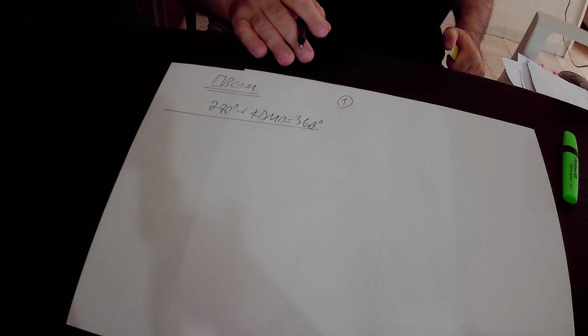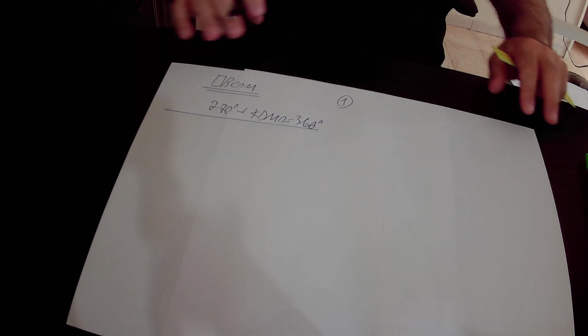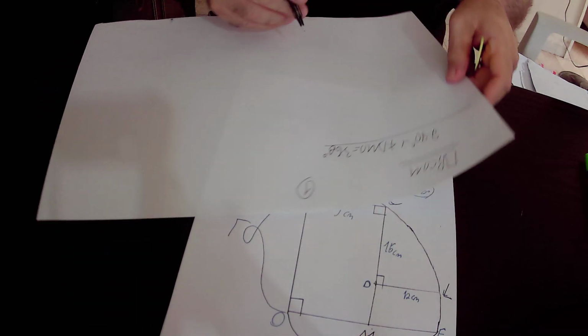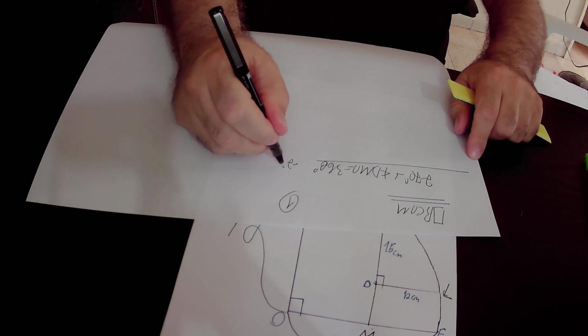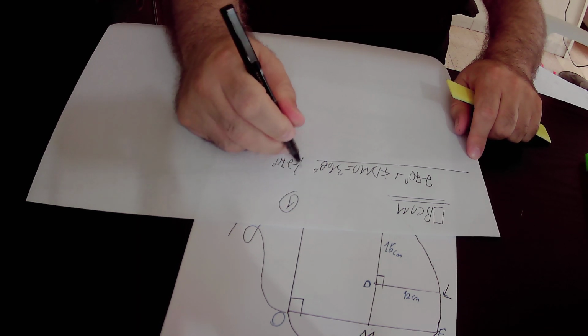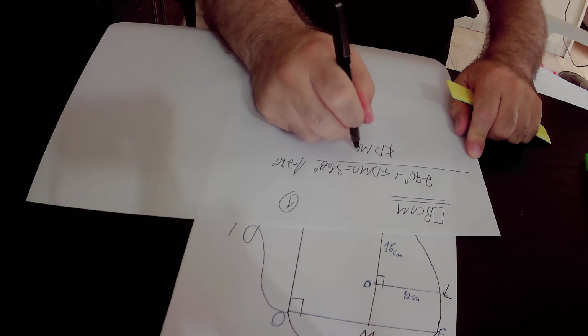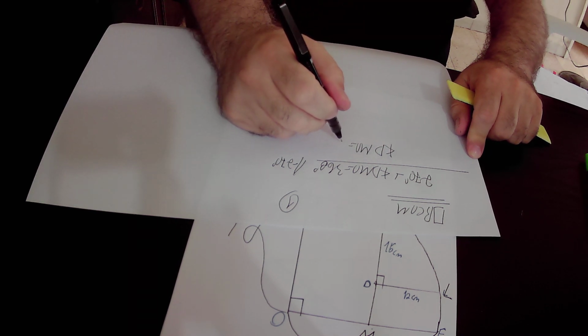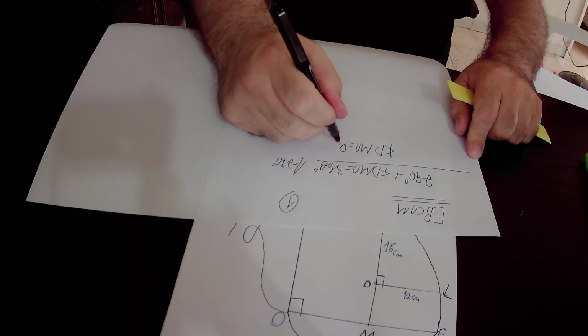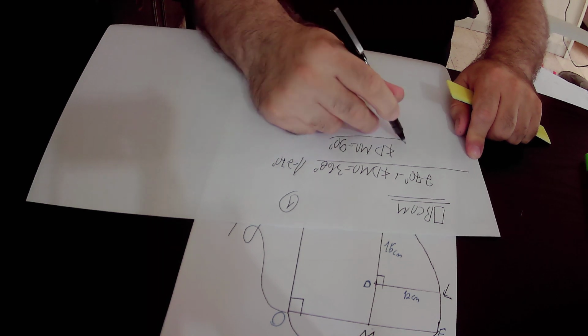So here we subtract 270 degrees from this equation, and we get that the missing angle, angle DMO, is equal to 360 degrees minus 270 degrees, which is 90 degrees. It is a right angle.